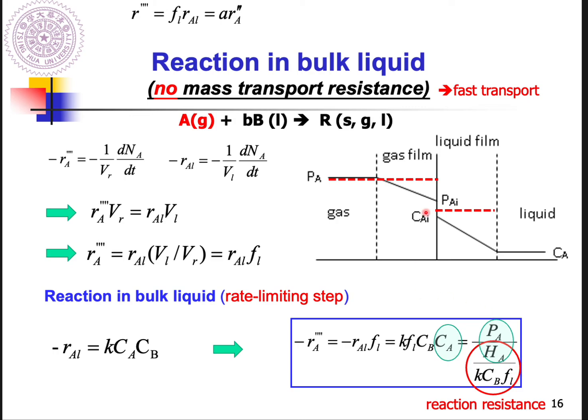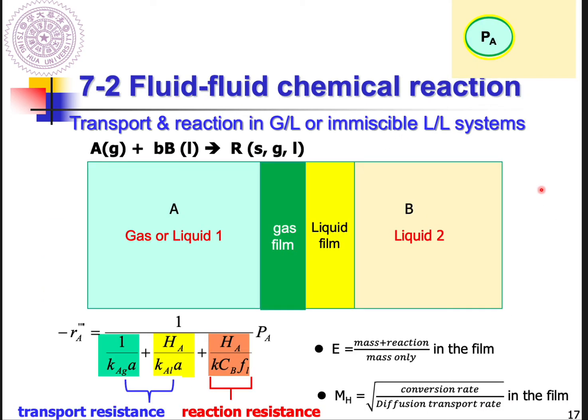So now you have mass transport and reaction, so you sum the results you derived in the previous two slides. We can rewrite this equation as a flux, but this flux you can consider as per reaction volume, consumption of reactant A per reaction volume.